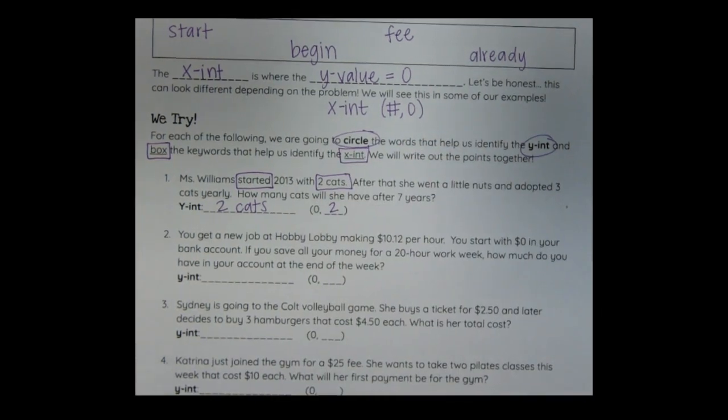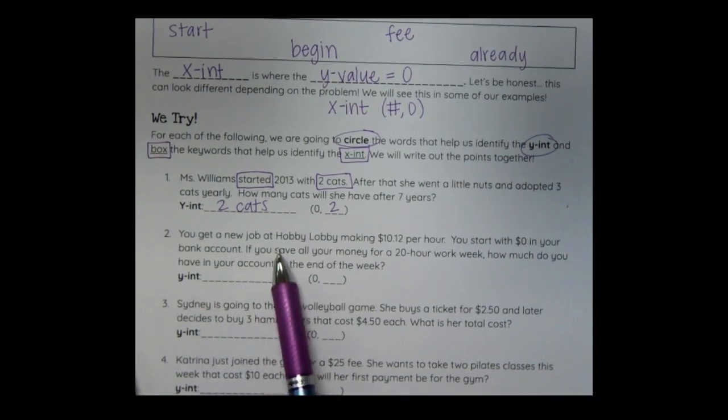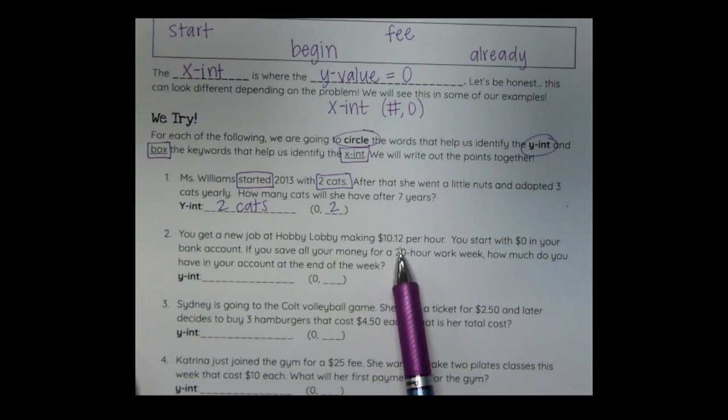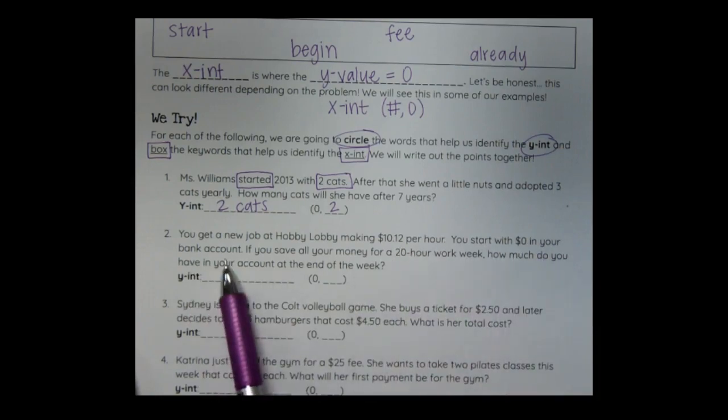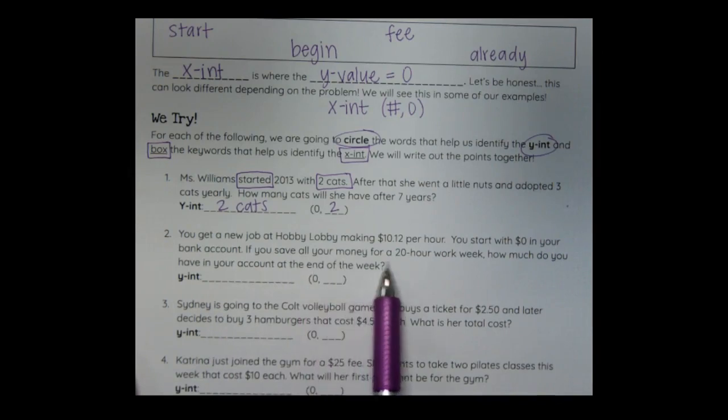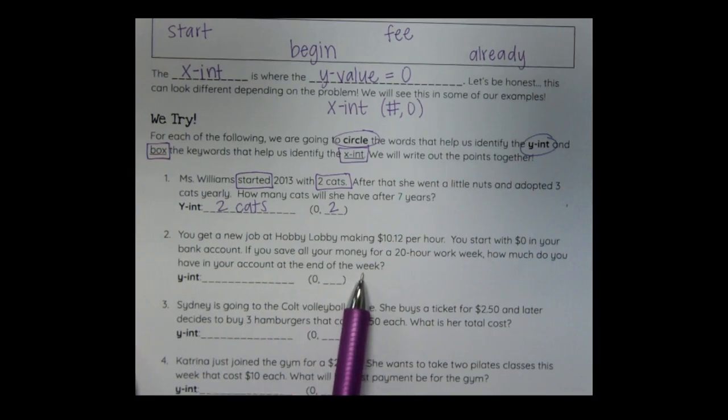That's it. Next one. Number 2, you get a new job at Hobby Lobby, making $10.12 per hour. You start with $0 in your bank account. If you save all your money for a 20-hour work week, how much do you have in your account at the end of the week? Remember, we're not solving, just looking for the y-intercept.